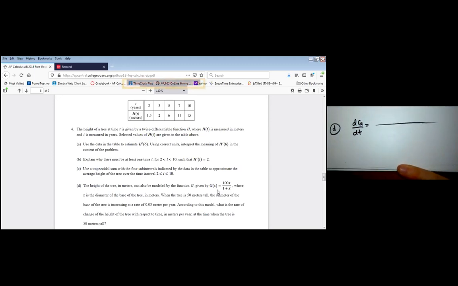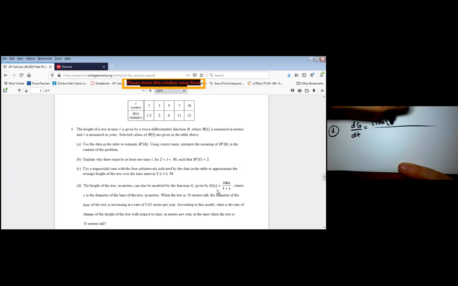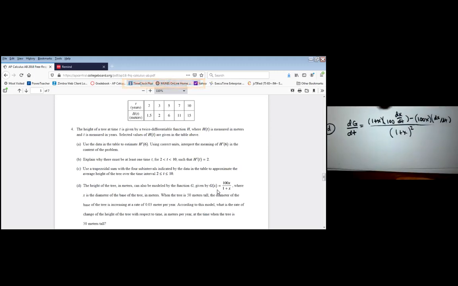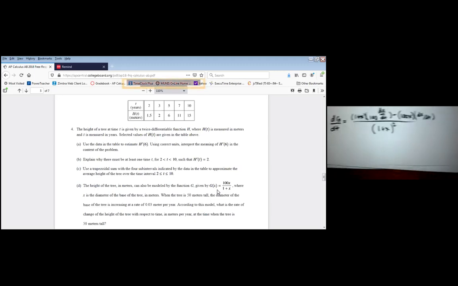That quotient rule would be bottom, derive the top, 100 dx dt, bottom derive the top minus the top, derive the bottom, just dx dt, over the bottom squared.